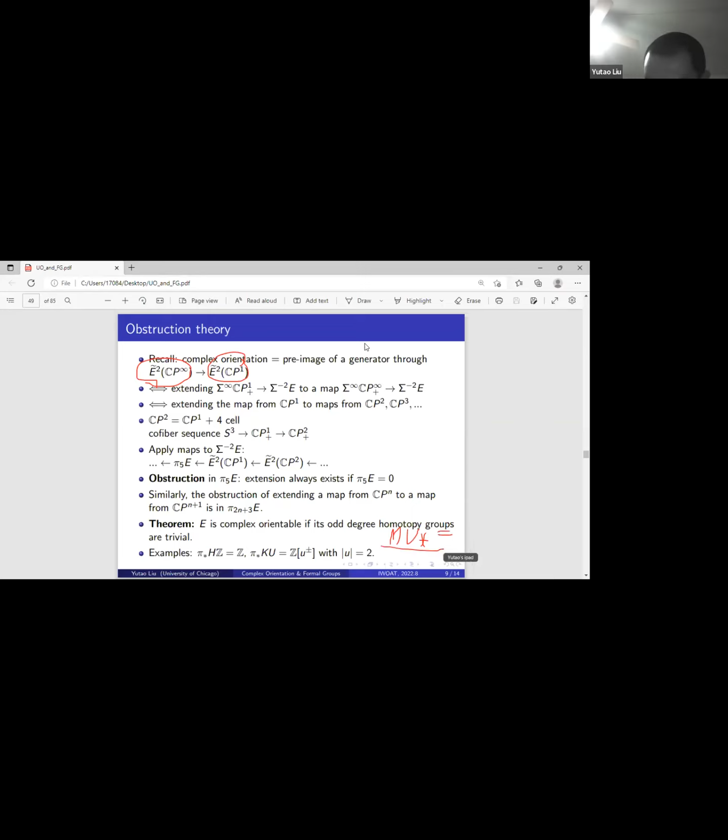This one is slightly more complicated, but all its generators still only appear in even degrees. So all these three spectra only have trivial odd degree homotopy groups, which means all of them are complex oriented. But of course, if you want to find a concrete complex orientation, then you have to further study the cohomology theories expressed by those spectra.